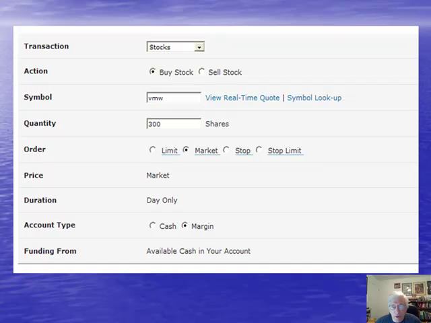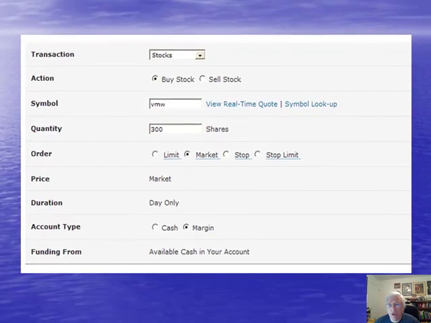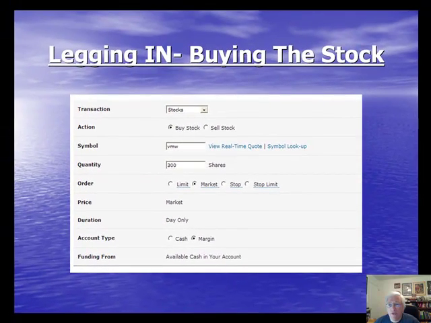I want you to notice there are two types of accounts on most forms, a margin account and a cash account. Here the margin account is checked off, but in most cases, for most retail investors, it will be the cash account. Margin accounts are a little risky for average retail investors.